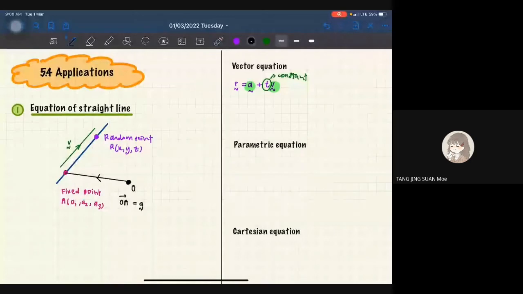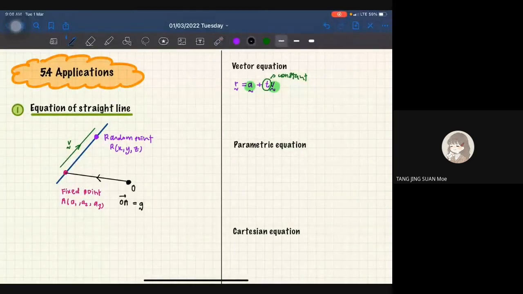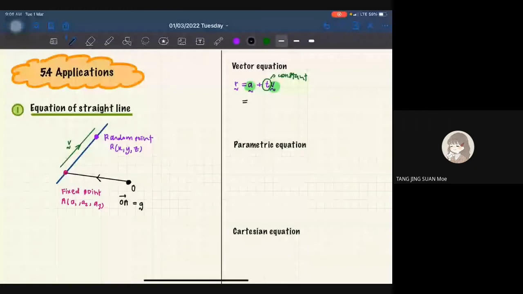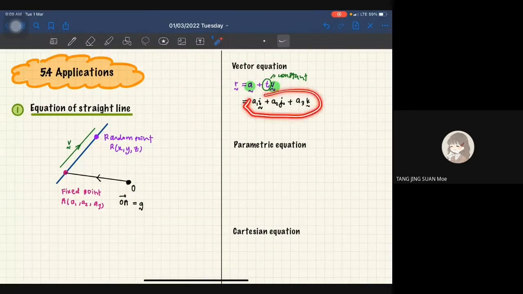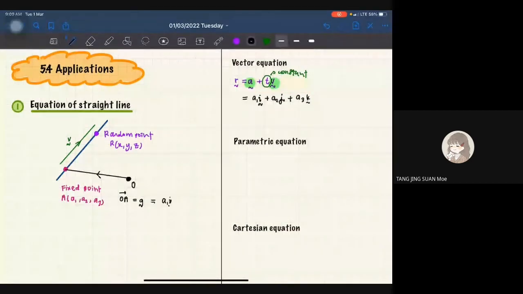Okay, so kita punya equation untuk vector equation, the first one, we know that A, dia adalah dalam bentuk I, J and also K. So it will be equal to A1I plus A2J plus A3K. Okay, so this is your A. Alright, you can get it from here.